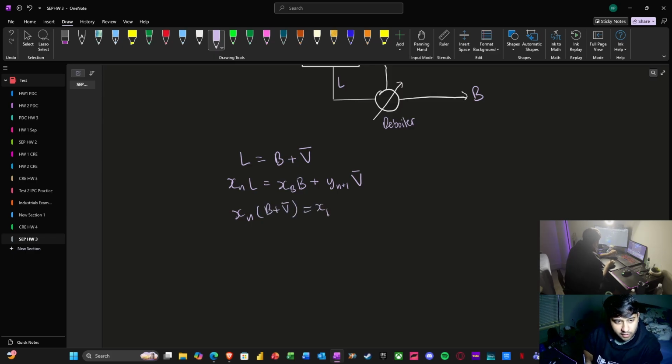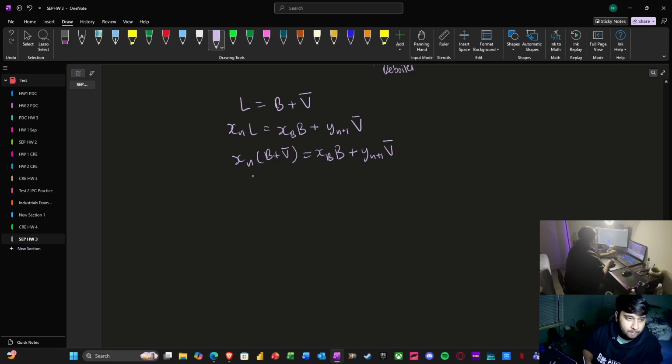G equals our xb B plus yn plus 1 v bar. And then, since our yn plus 1 is on our right side, we want to go ahead and just make that isolated.